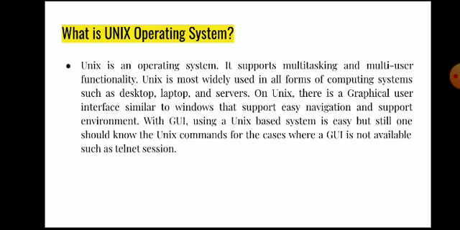On Unix, there is a graphical user interface similar to Windows that supports easy navigation and a supportive environment. With the GUI, using a Unix-based system is easy, but still one should know the Unix commands for the case where a GUI is not available, such as a telnet session.